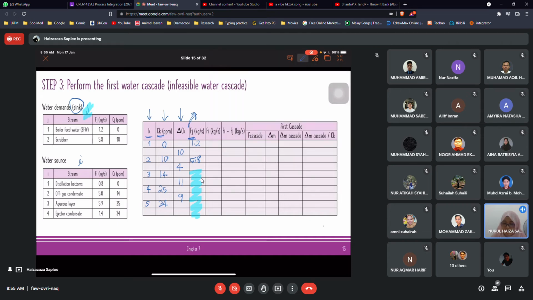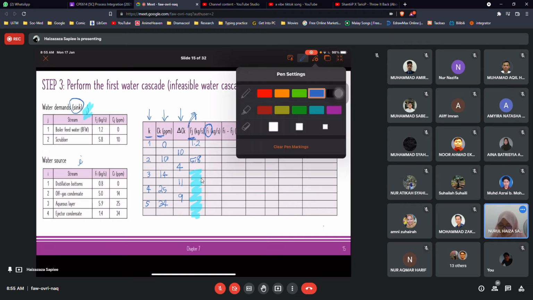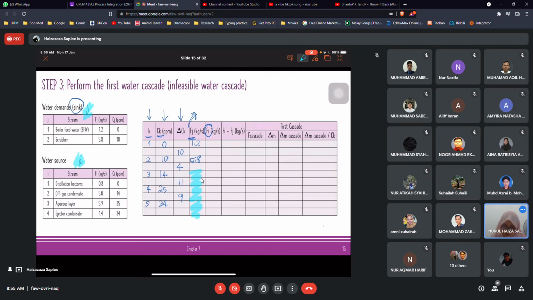So remember, we have to look at the next one, which is your flow rate for your water source. For the water source, for zero, how much? 0.8. Yes. What about 10? There is none. Okay.